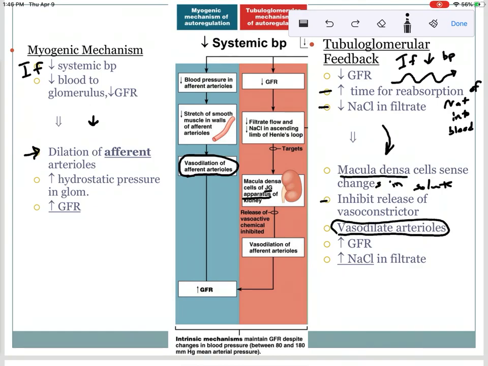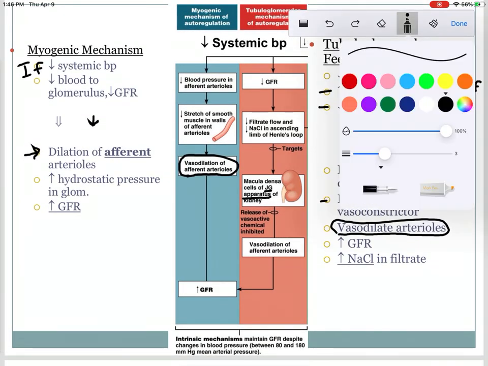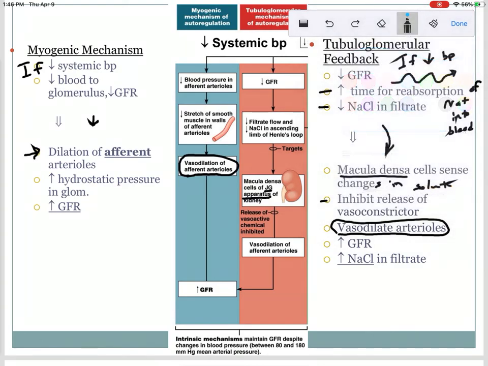Whew, it's kind of a lot. And if you compare the two, both ended up doing the same thing. In the myogenic mechanism, we dilate the afferent arterioles to increase filtration rate. And in the tubuloglomerular feedback mechanism, we dilate the arterioles, same thing, to increase filtration rate.